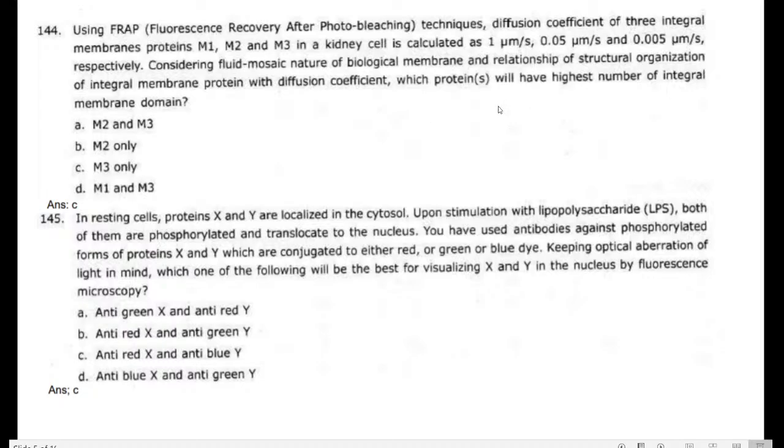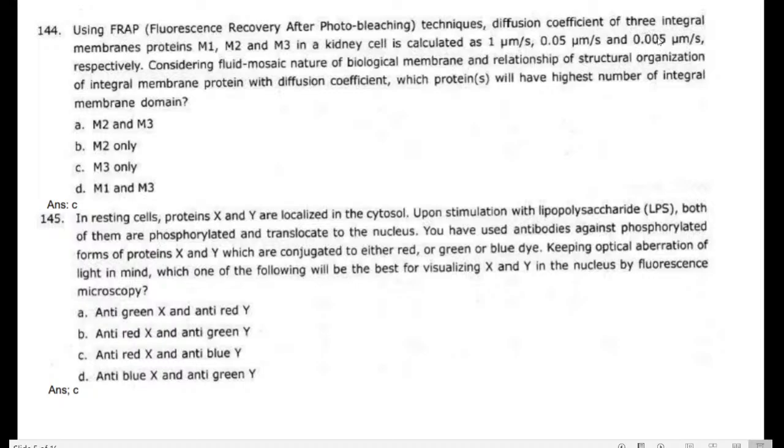Okay, a higher number of integral proteins means it allows the minimum quantity to pass. So there are tight junctions. Tight junctions mean that the highest number of integral membrane domains are there in M3.